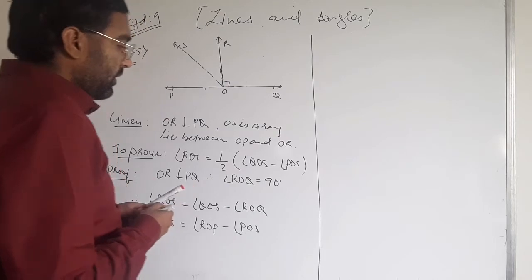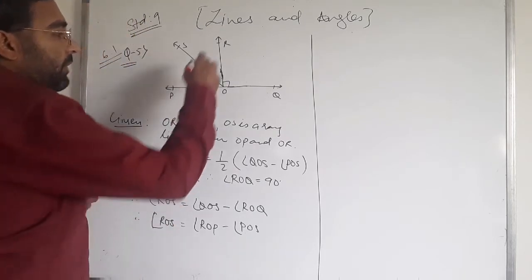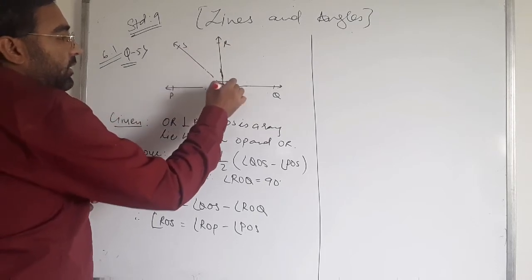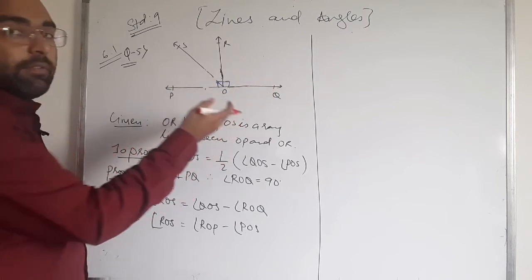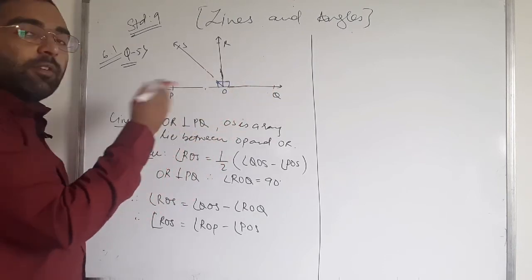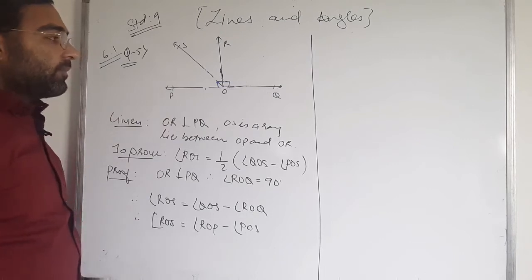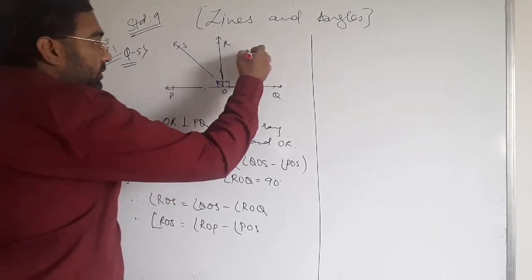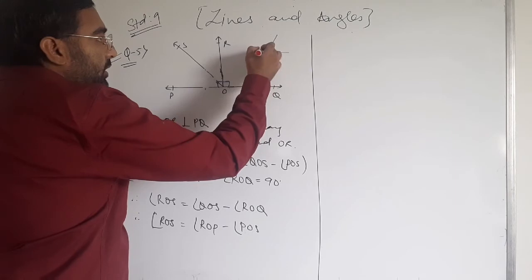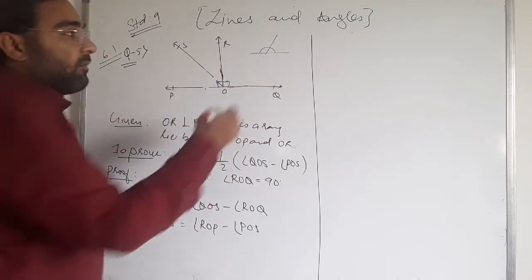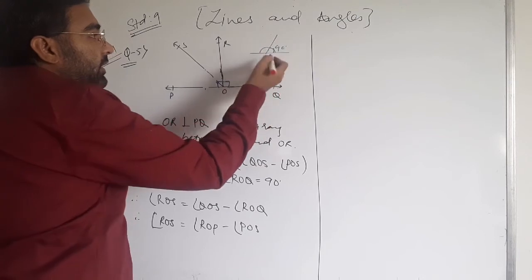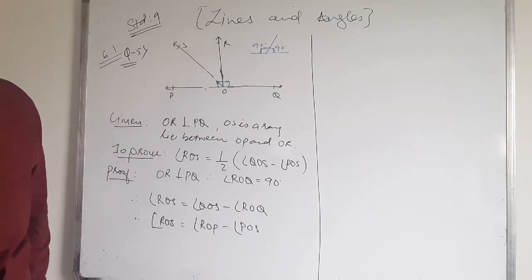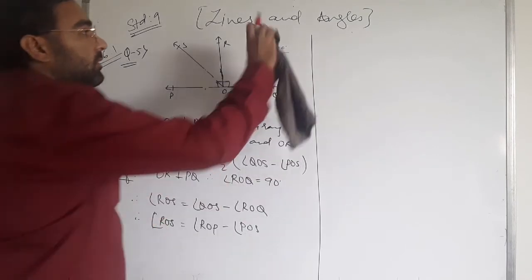First of all, if my ROQ is 90 degrees, then my ROP is also 90 degrees, it forms a right angle on the left hand side too. That is the rule we know: if two angles form 180 degrees, and one of them is 90 degrees, then the other angle is also 90 degrees, because 90 plus 90 is 180. That's common sense.